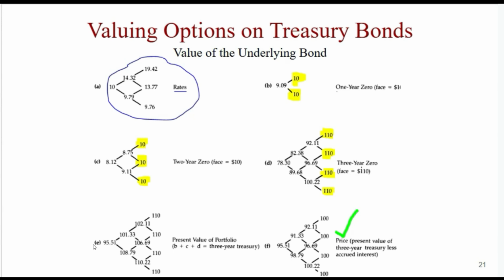At E, we add up the prices of each of the zeros, the trees highlighted in yellow, to create one tree that represents the prices of the whole portfolio at each node of the tree. And then finally here at F, we subtract $10 of accrued interest, today's short rate being 10%, on each coupon date.